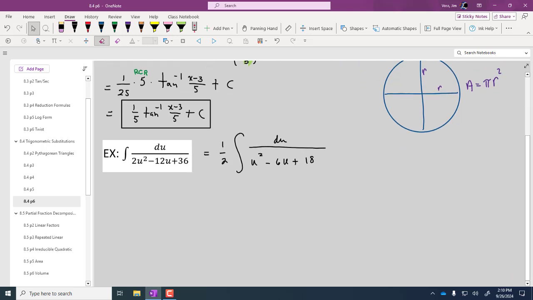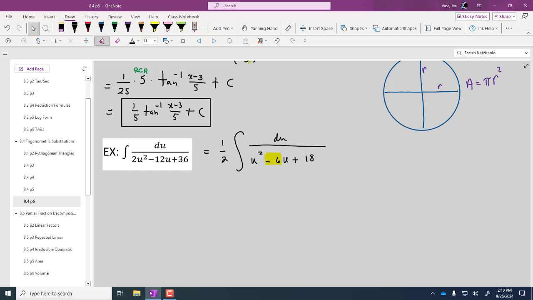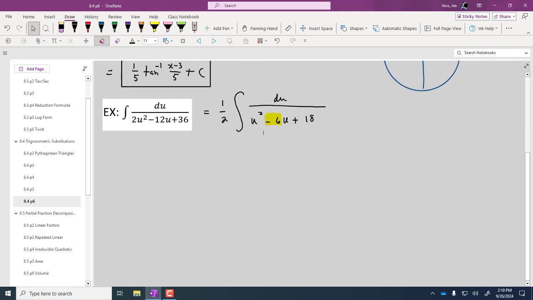So once again, we have to complete the square. We take the coefficient of x, divide it by 2, and square it. Divide 6 by 2, get a 3, square, get a 9, so we need a 9.